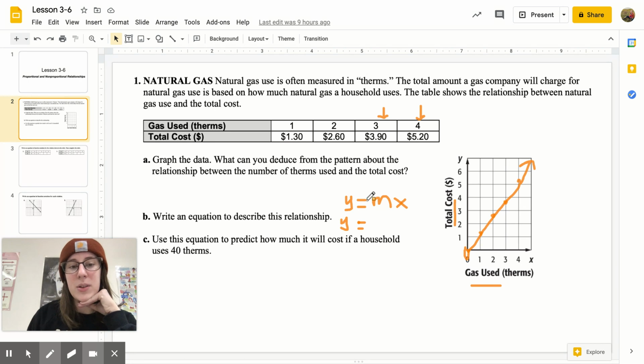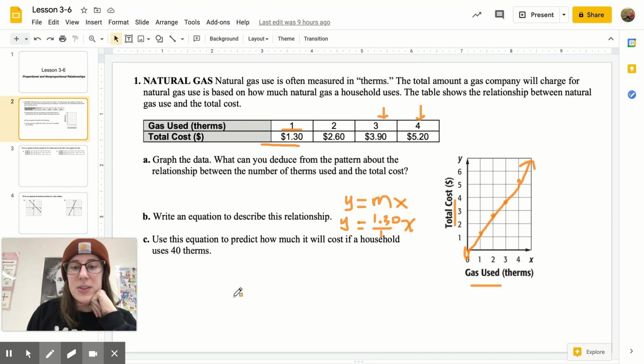Well, if cost is y, the cost is actually $1.30, and that's over your x value, which is your gas used, and that's 1. So 130 over 1 times x, or just x, and that is your equation right there.